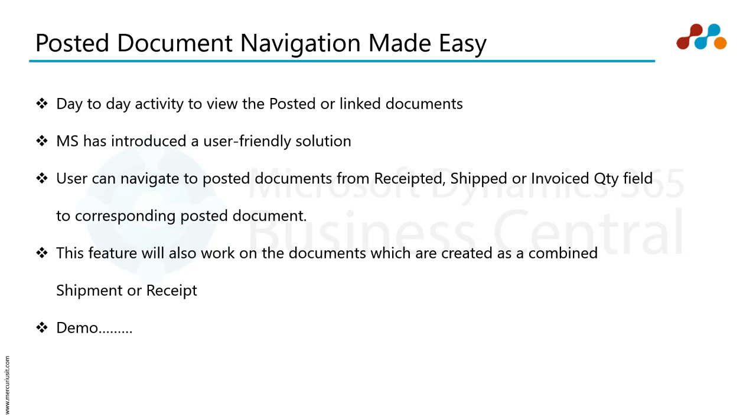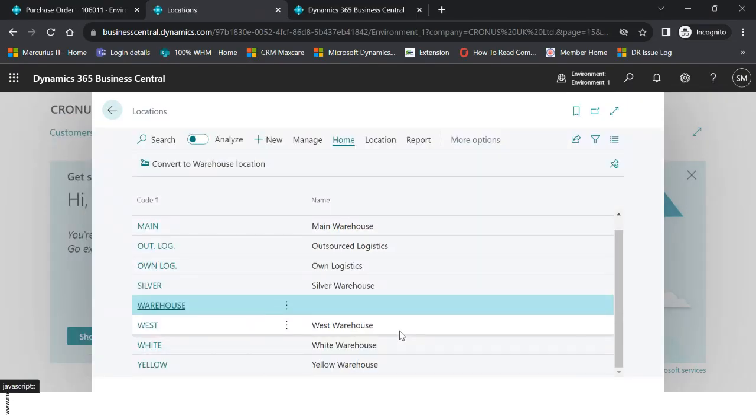This feature will work not only on normally created sales orders, but also on orders which the user can create using combined pick, get receipt document, or get shipment document. So let's see how it will work.